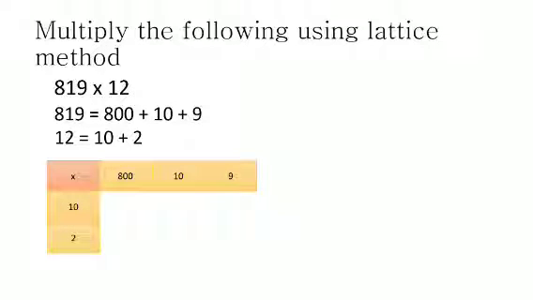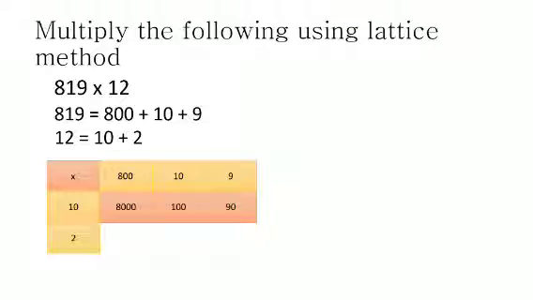Now we will multiply 10 into 800. So first we will multiply 1 8s are 8, and remaining 3 zeros we will write next to 8. Now 10 into 10, 10 tens are 100. Now 10 into 9. 10 nines are 90.